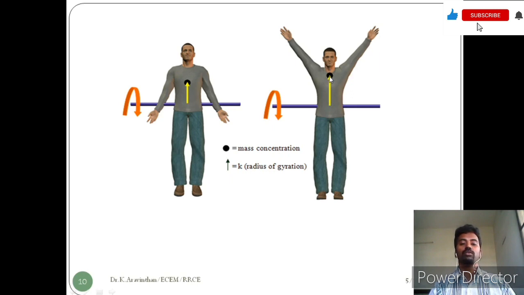So the more the extension away from the centroidal axis, the more radius of gyration you will have. If there is more extension along the lower part and the upper part, you can find the difference. So this is the concept of radius of gyration.